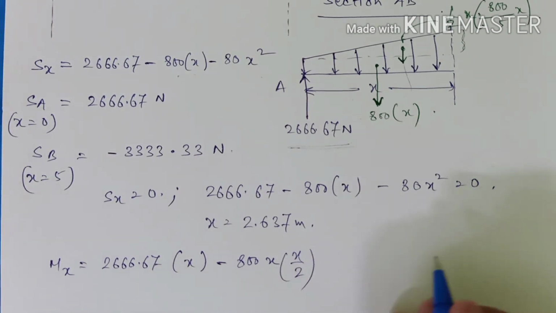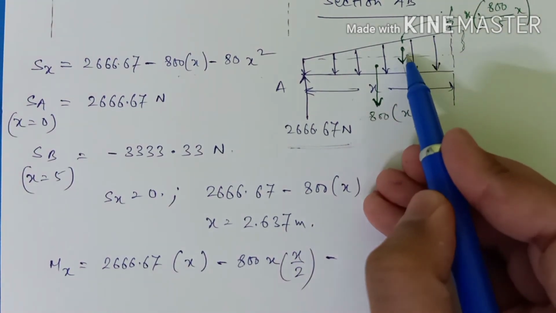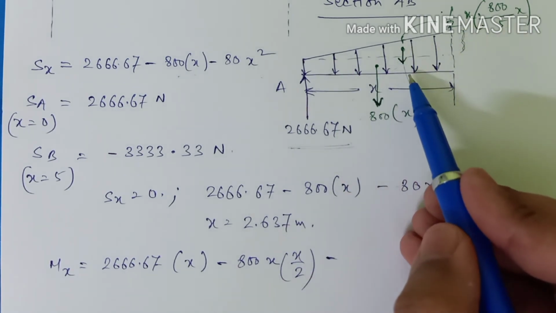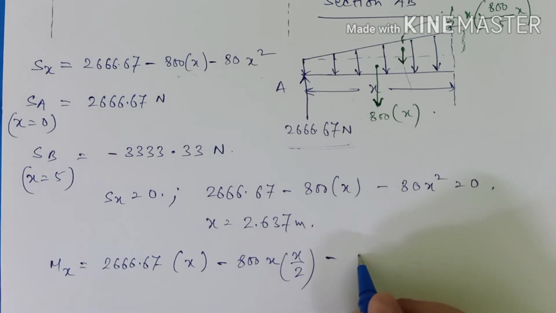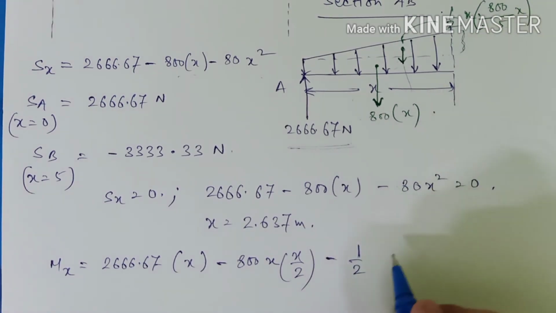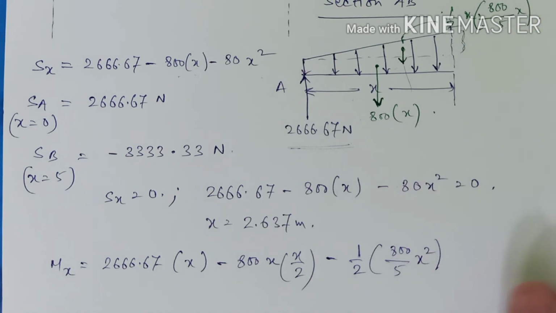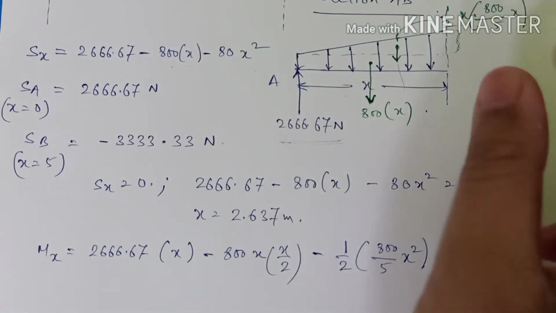And what else do we have? We have this load acting at its centroid, so this will also try to hog the beam. This is the value of force, 80 times x square, I'm just multiplying x with this. And what is this distance?